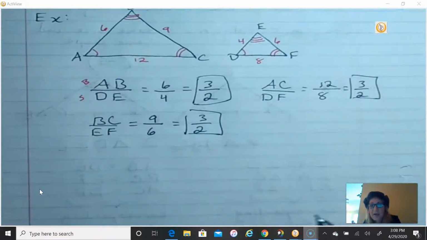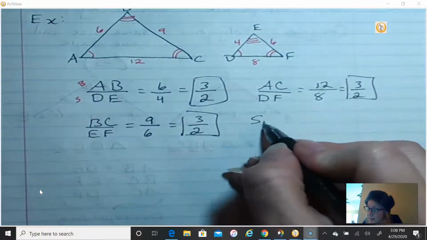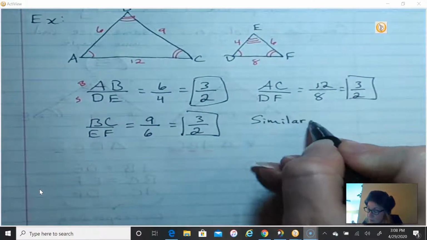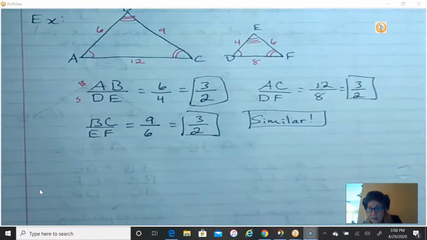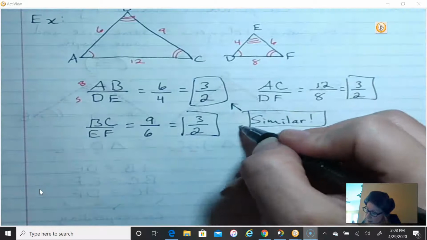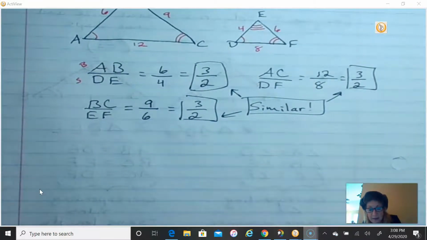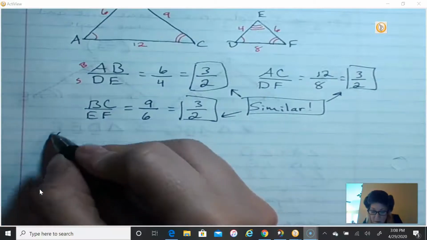There you go. So these two triangles have been proven to be similar. Not congruent, obviously, by looking at it, but because of the scales all being the same, it is similar.